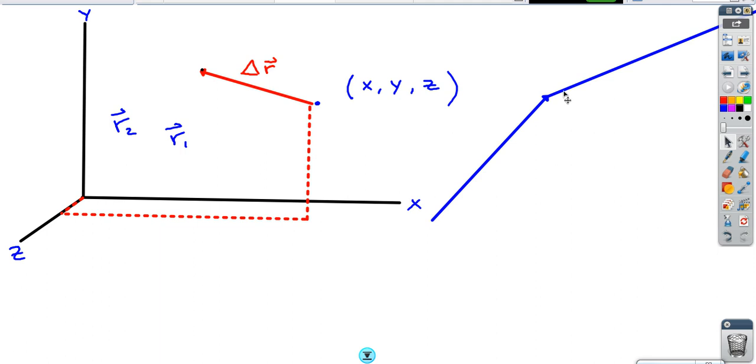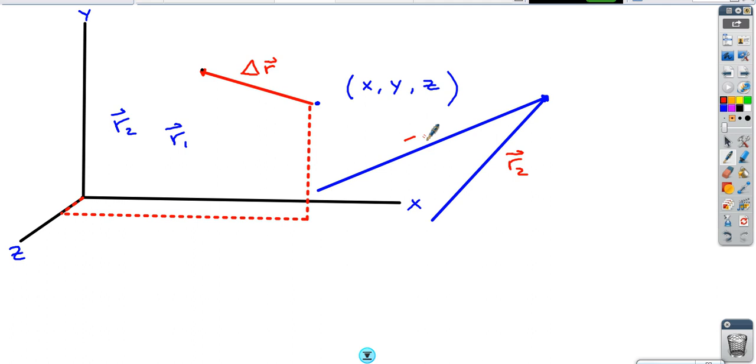So minus r1 would mean that I would have to flip this vector around. So instead of doing that, let's imagine that the tip end here is actually the tail end now, because I've reversed the vector. And so this would be the same as saying r2, and this would be minus r1.